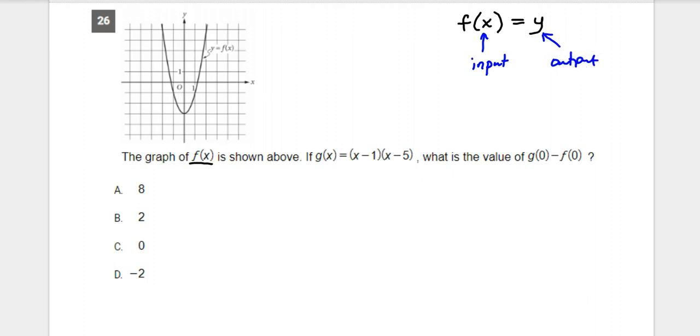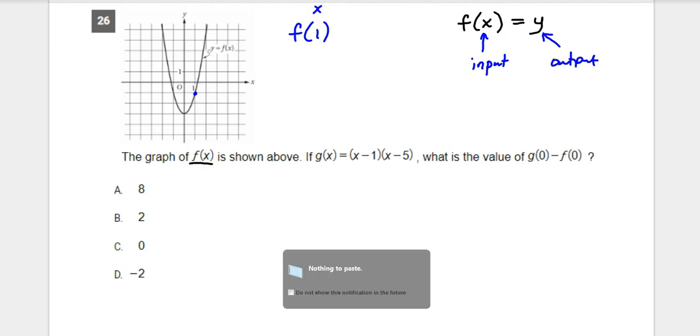Looking at this chart, let me break it down a little bit. If I input x equals 1, so if I have f of 1, it looks like y equals negative 1.